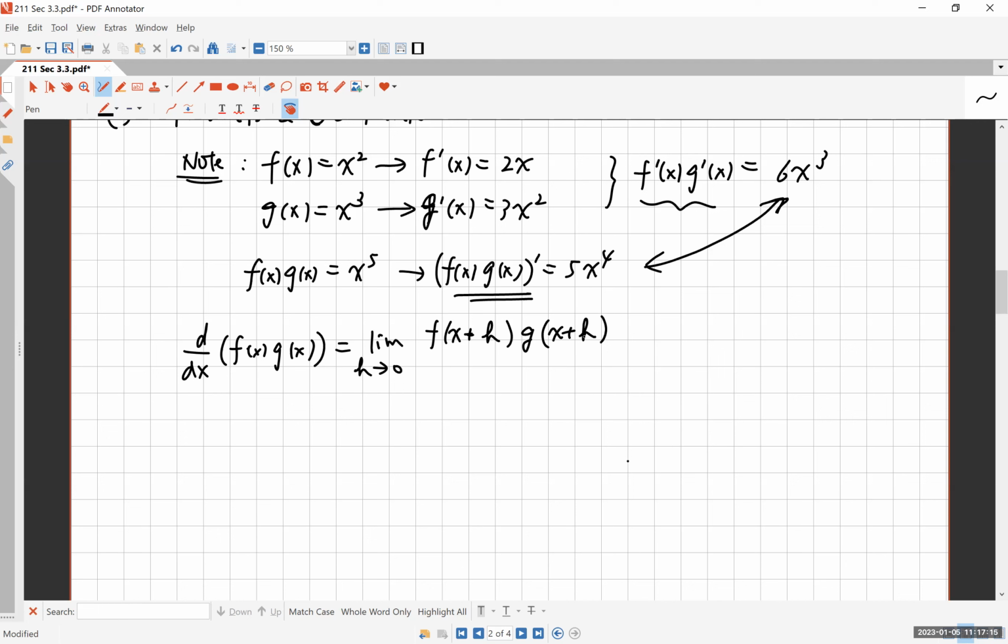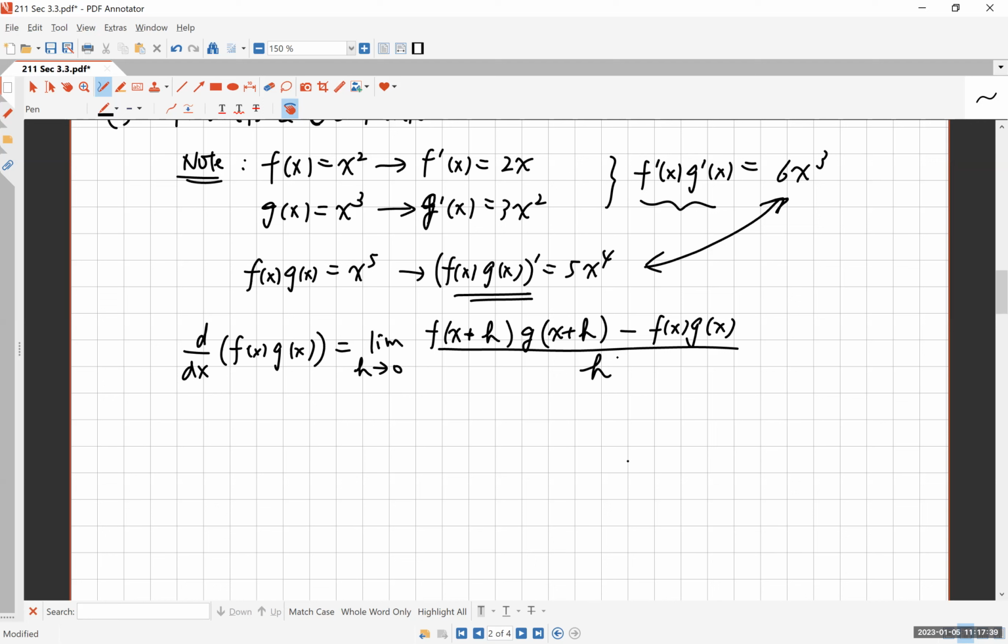So you have to evaluate f at x plus h and g at the same point and multiply these two numbers together. And then you subtract from this f of x g of x. And then you divide this by h. This is the difference quotient, and you have to take the limit of this. That's by the definition, the derivative of this product.